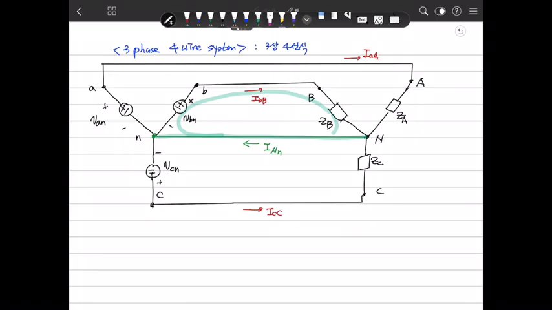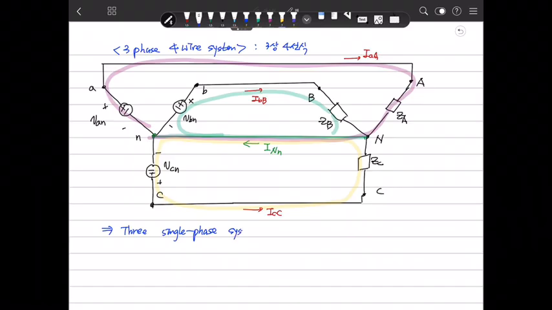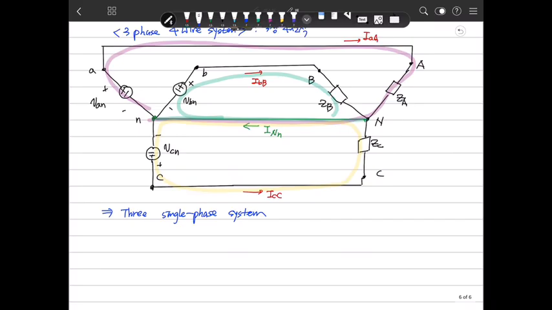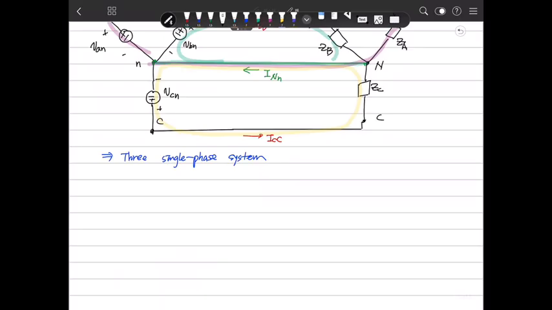So this is one loop, and A phase has this loop, and C phase has its own loop in this manner. So in the case of a three-phase, four-wire system, it can be understood as three single-phase systems. I mean, it can be decomposed into three circuits.